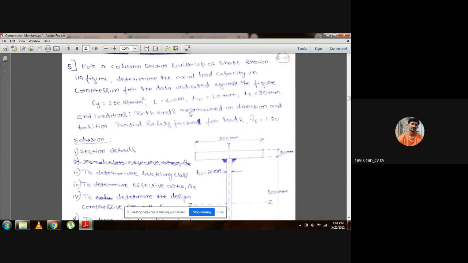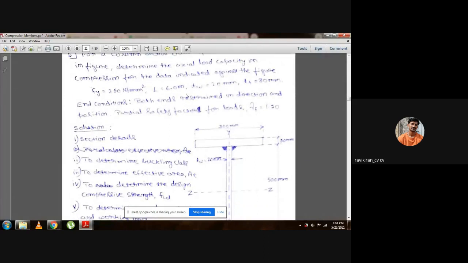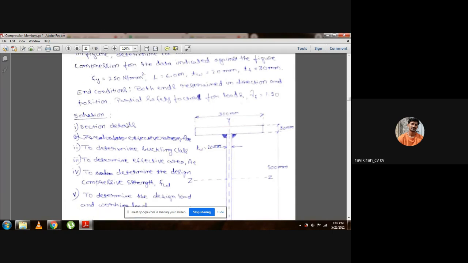What is that information? fy is 250 Newton per mm square, the length of the member is 6 meter, thickness of the web is 20 millimeter, and thickness of the flange is 30 millimeter. End conditions: both ends restrained in direction and position, which means it is a fixed condition.